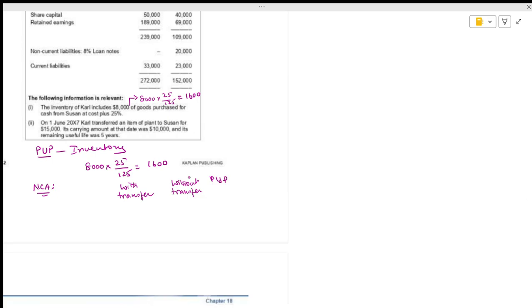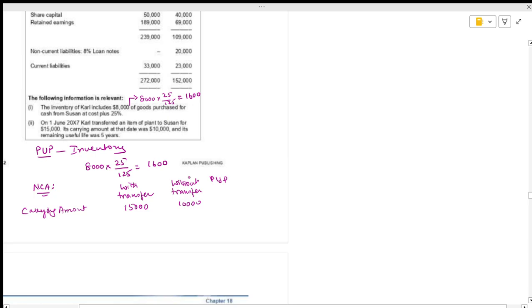Now, what is the carrying amount with transfer? With transfer it is 15,000. Without transfer we have to take 10,000.